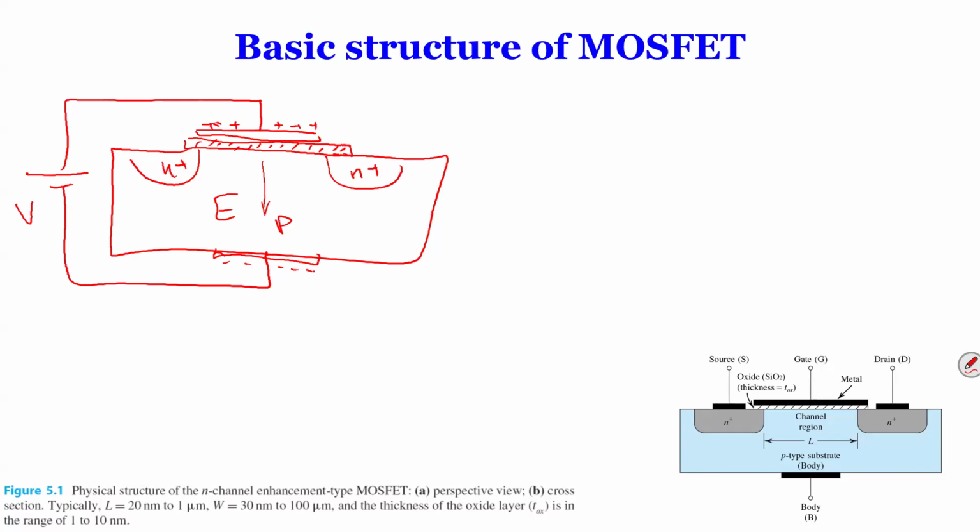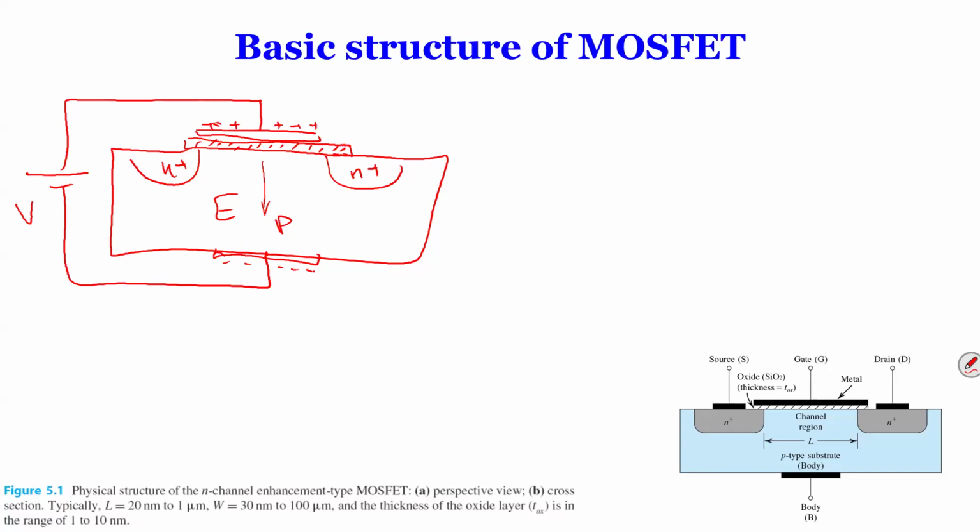Imagine what happens: there's a positive charge at the metal plate because there's a voltage applied. All the electrons inside this P substrate are going to be attracted.